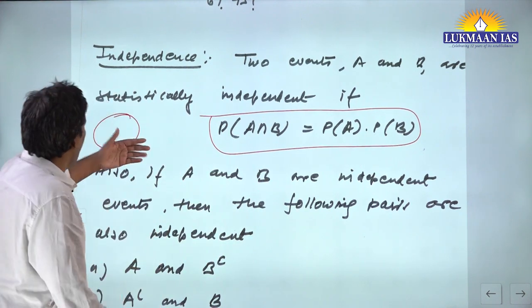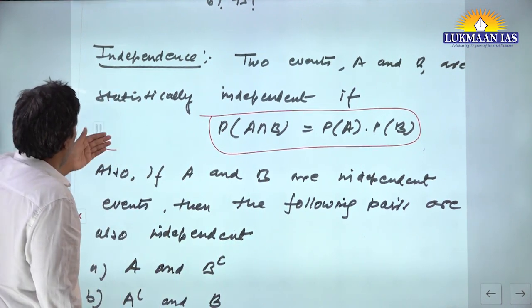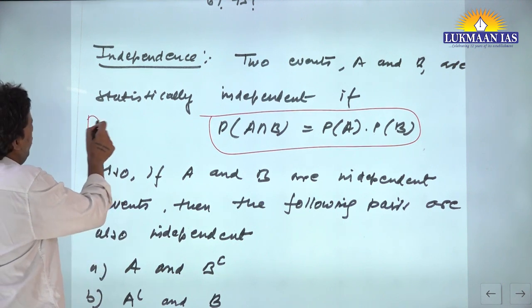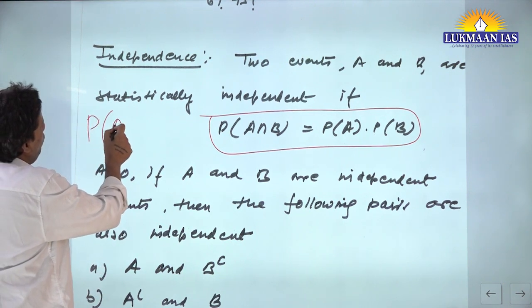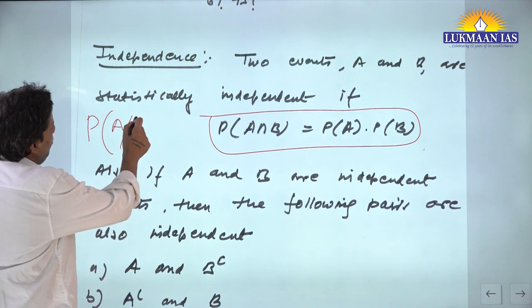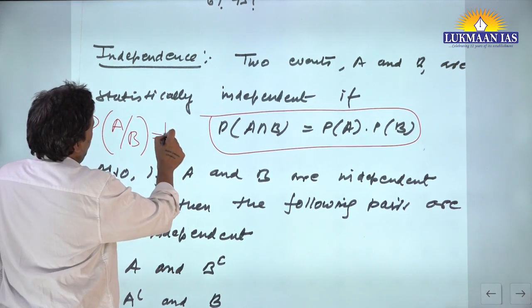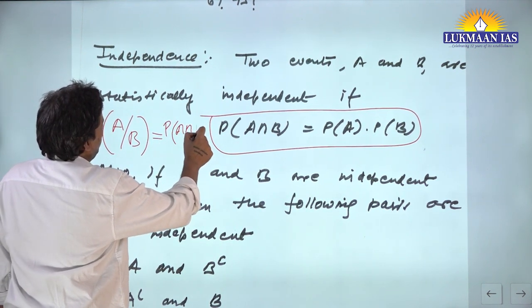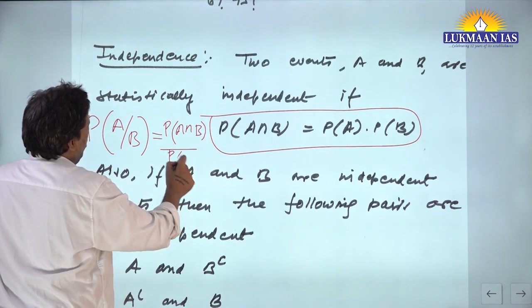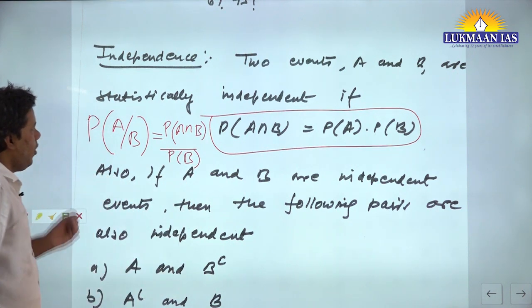Some people will also write it like this, using conditional probability. They say probability of A given B is probability of A intersection B upon probability of B, right?